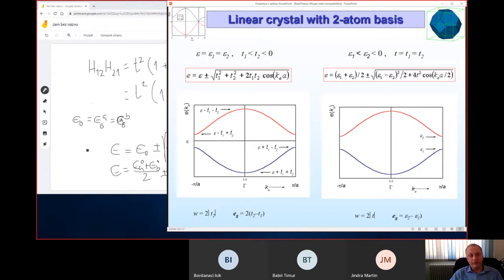And this would be the case for a ring or linear chain of hydrogen atoms, because each hydrogen atom contains 1 electron.